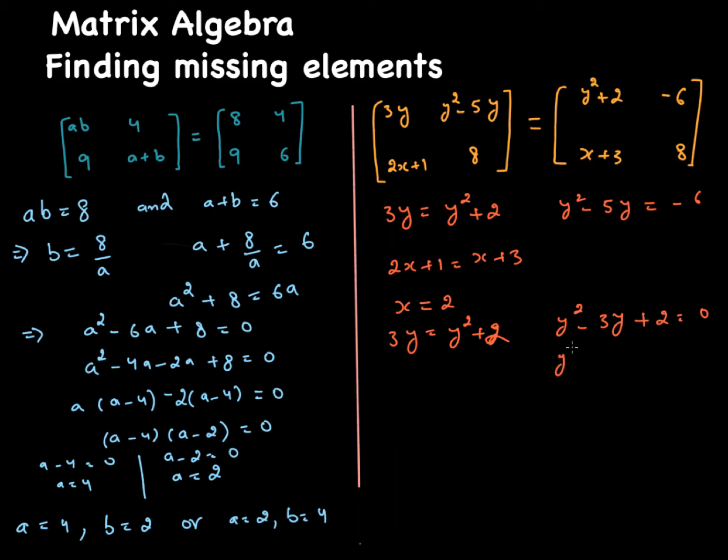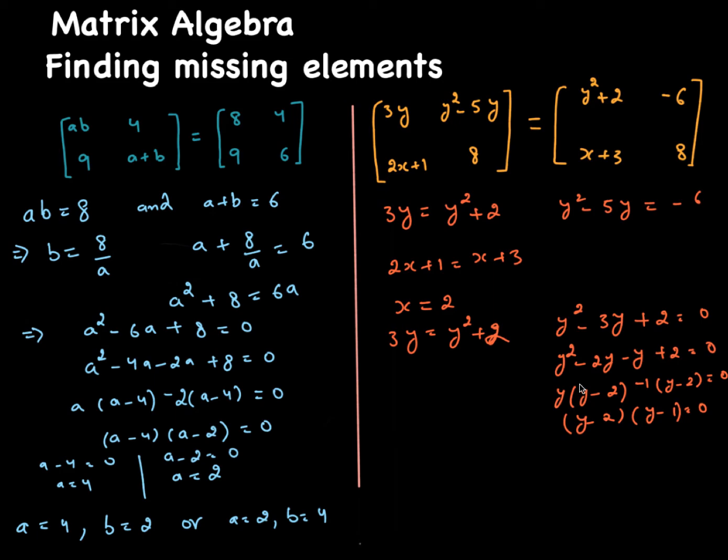Okay, so y square minus 2y minus y plus 2 is equal to 0, and if I take y out, y minus 2 and y minus 2, negative 1 is equal to 0, gives me y minus 2 and y minus 1 is equal to 0. So y square minus 3y plus 2, so y minus 1 and y minus 2.